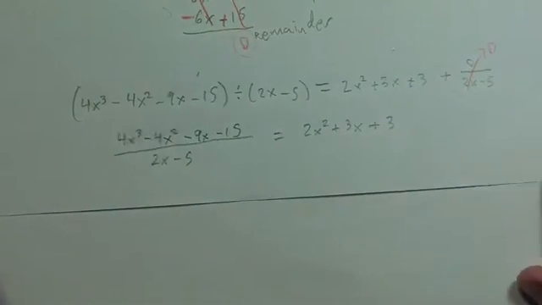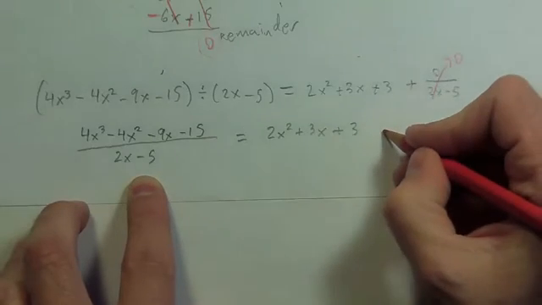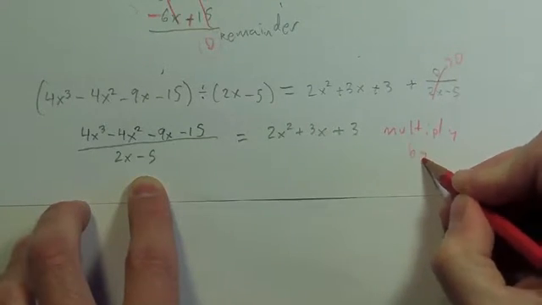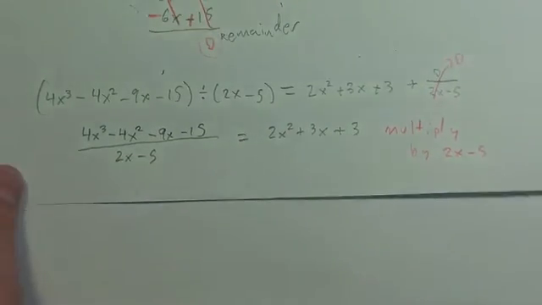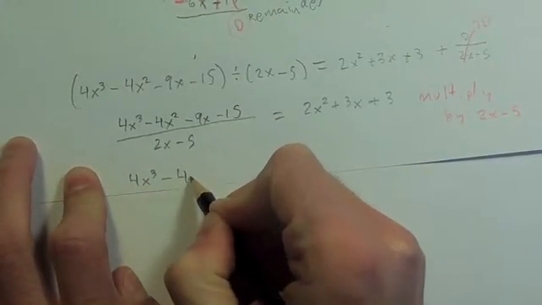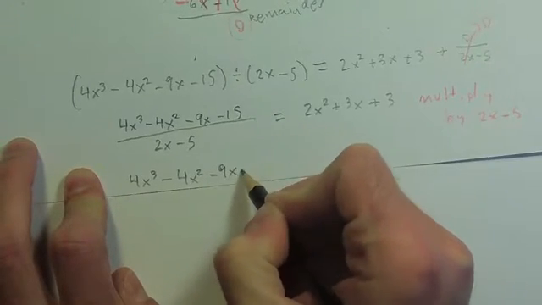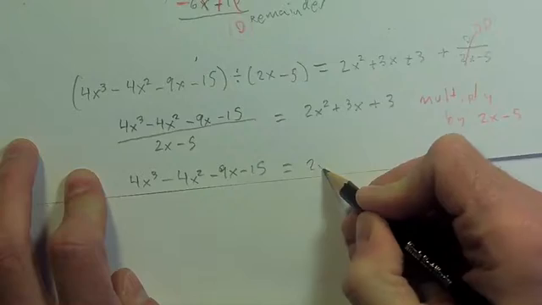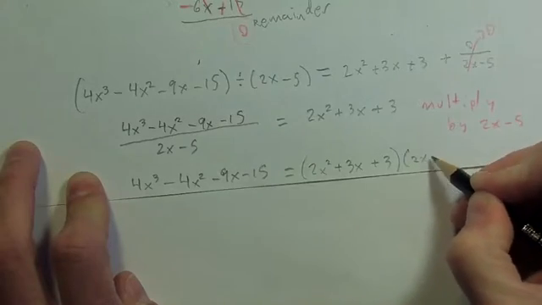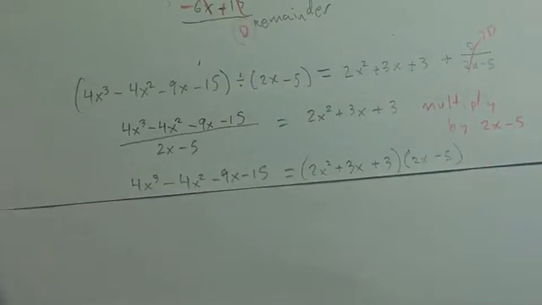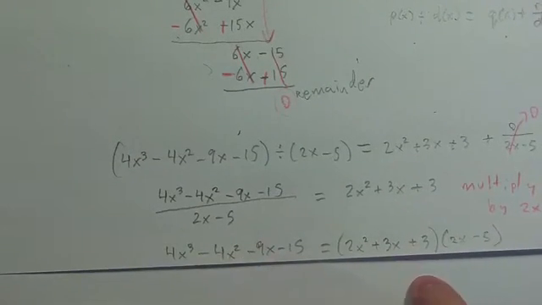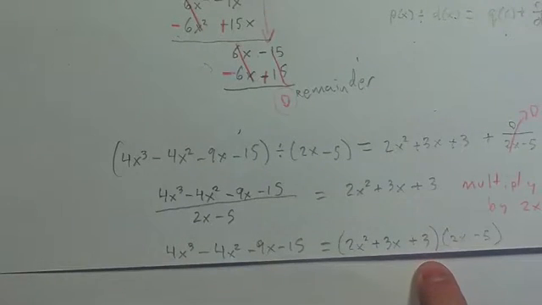Now, if I multiply both sides by 2x minus 5, or just move it over, what you'll end up with is 4x cubed minus 4x squared minus 9x minus 15 is equal to 2x squared plus 3x plus 3, all times 2x minus 5. And check that out. We have now factored this thing into this.